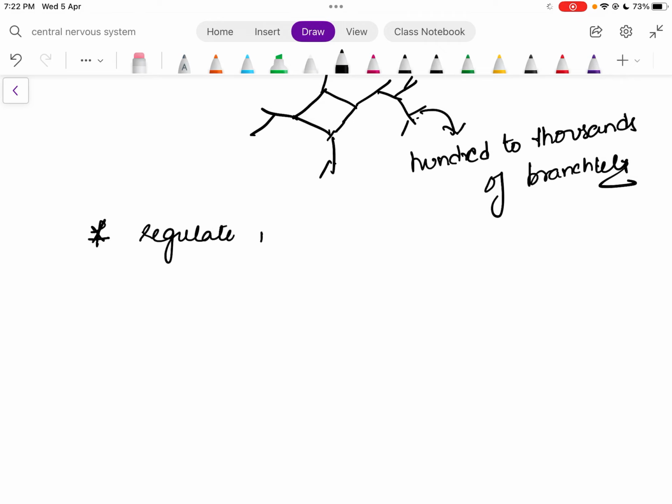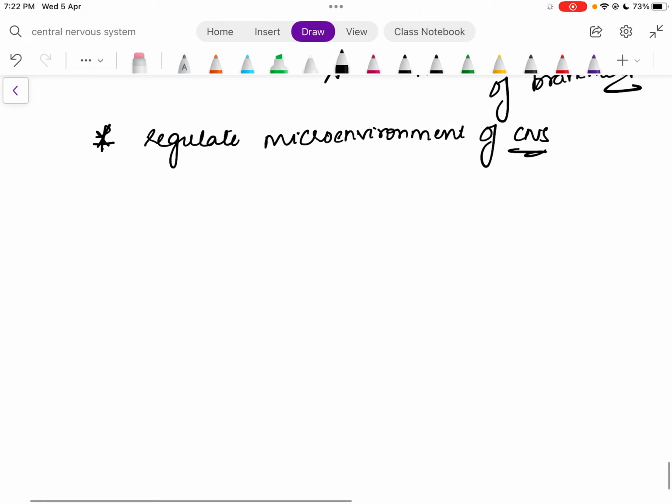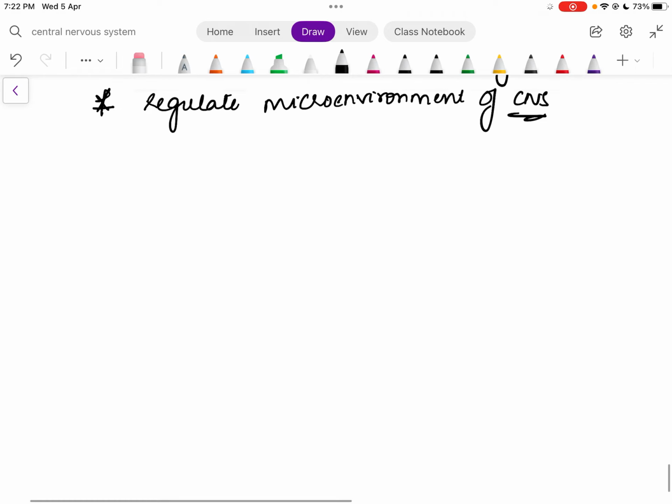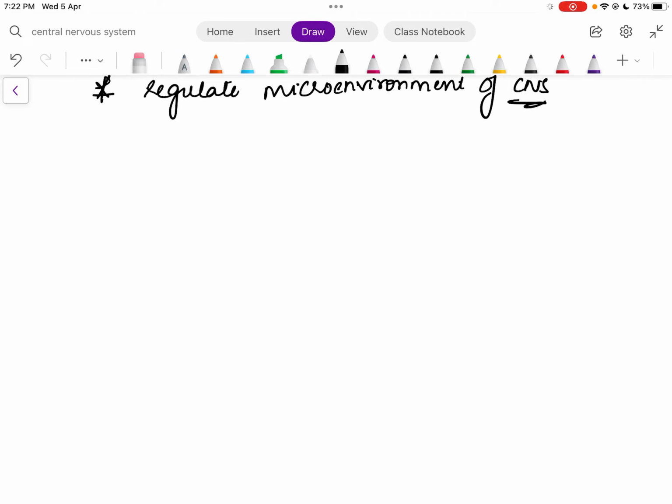They will regulate the microenvironment of the CNS. Then, how they will regulate, we'll see.